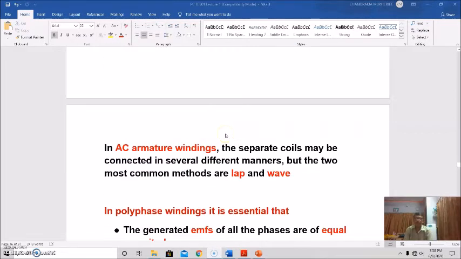Now, mostly in armature winding, separate coils may be connected in several different manners, but the two most common methods are lap and wave. Once again I am telling you, the most common methods for armature windings are lap winding and wave winding.